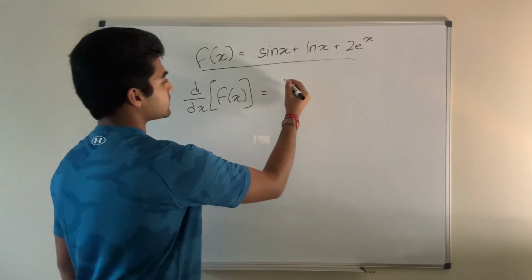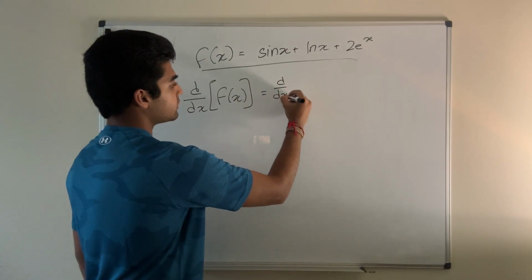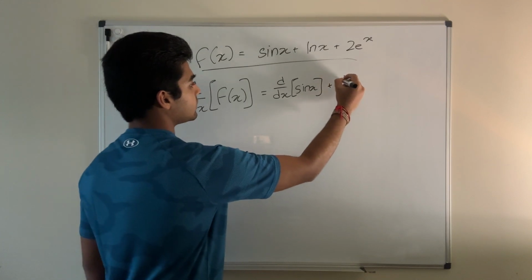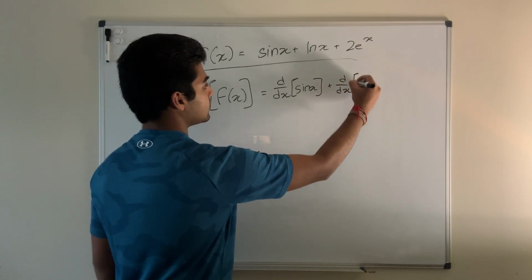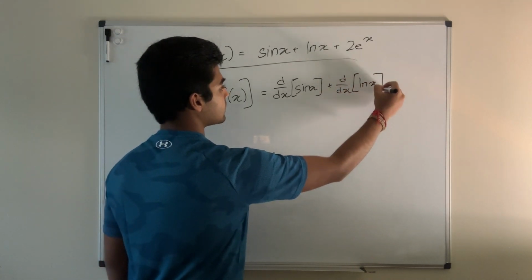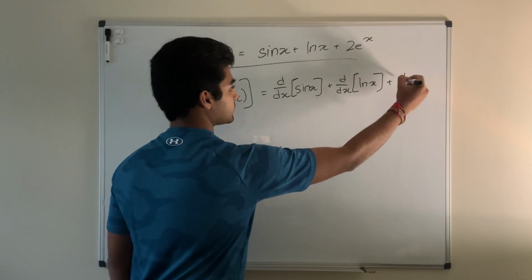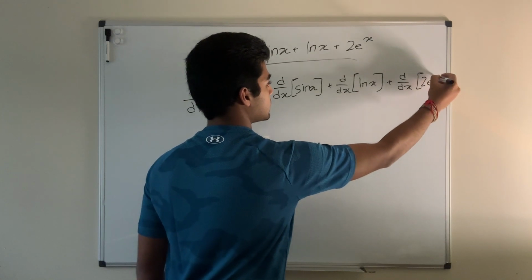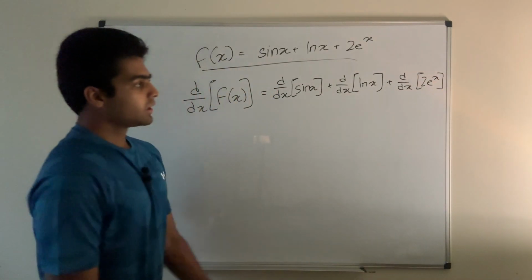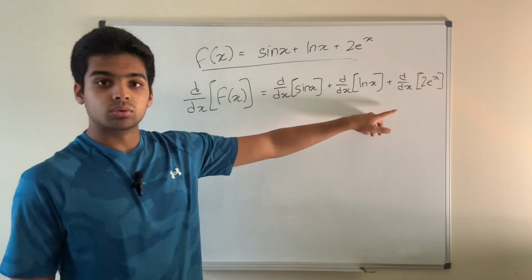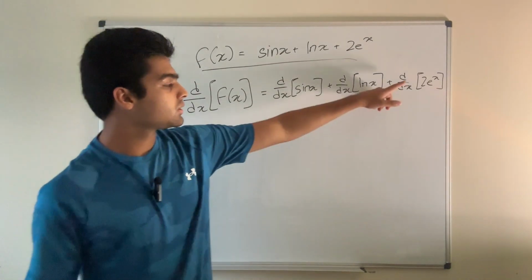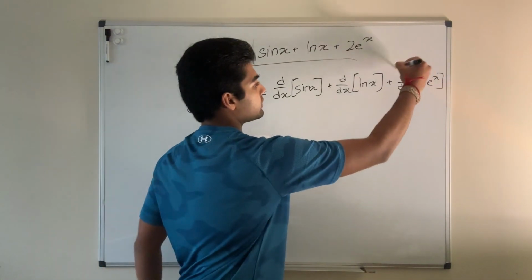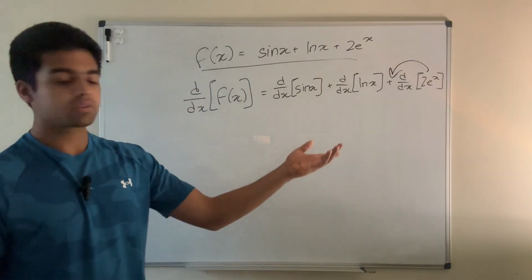So this is going to be the same thing as derivative of sine x plus derivative of natural log x plus the derivative of 2 times e to the x. And if you remember our constant rule, we can show that this 2 in front of the e to the x can just come out of the derivative, right? So now we can evaluate this pretty easily.